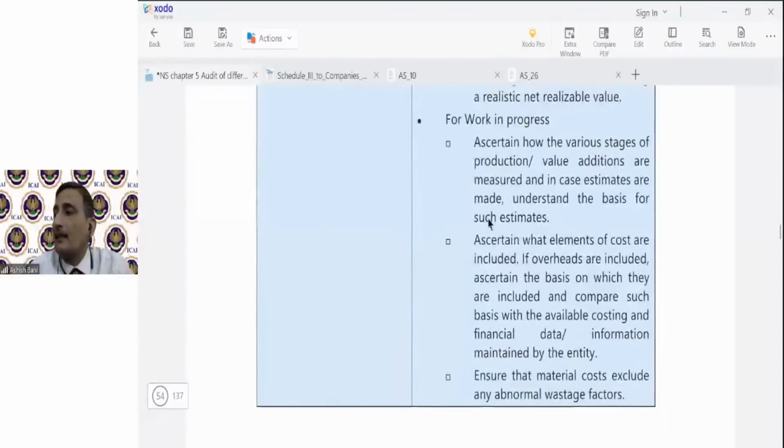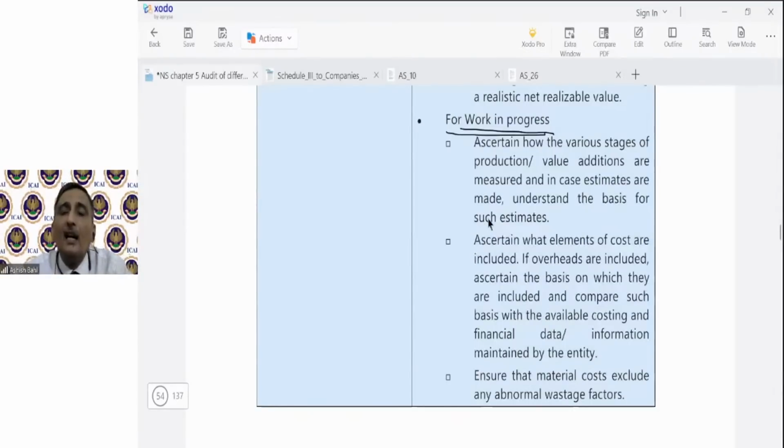Similarly, students, in case of work in progress, the major concern for the auditor would be to see how the cost at which work in progress is valued is arrived at. Suppose work in progress might include inventories which are in different stages of production.